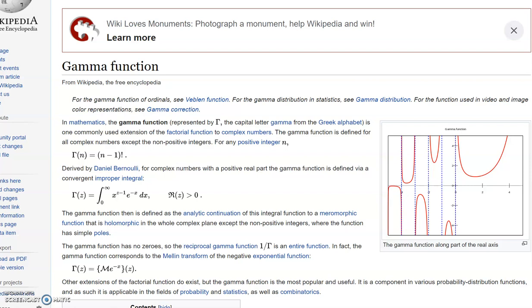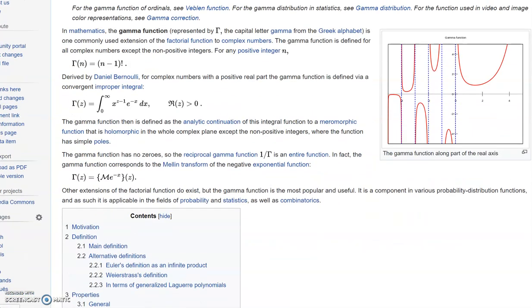So the integration is with respect to variable x, and the variable of the function is going to be z. So we really have something like a parameter dependent integral. And if you take integer values for z, for the gamma of z, you get the factorial. So it's a function that interpolates the factorial values for real numbers.